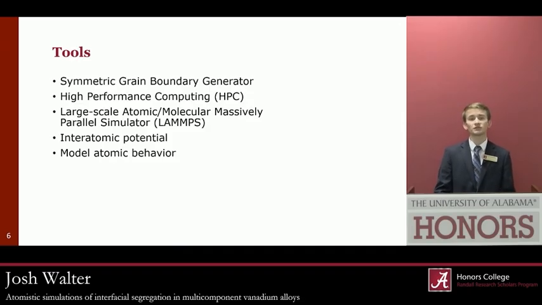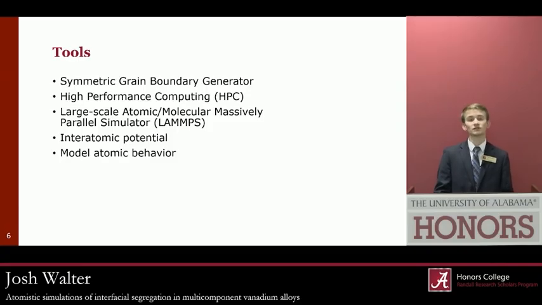So for our tools, the first important tool we need is a symmetric grain boundary generator. This is what allows us to create our actual structure file that we can then use for our simulation. Then we also need to use high performance computing. These simulations we're running will take a lot of time. Even using the HPC, these simulations will take at minimum half a day or even longer to run.